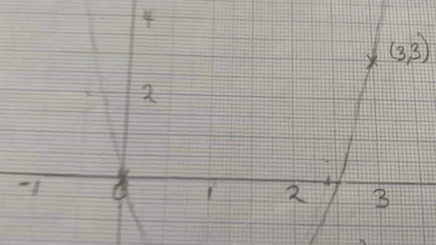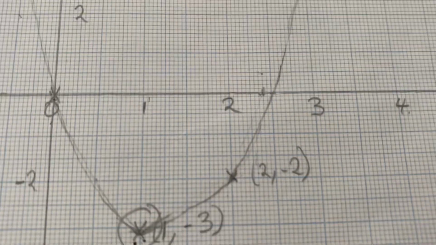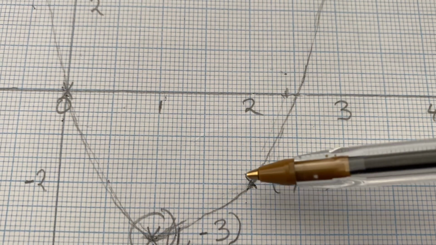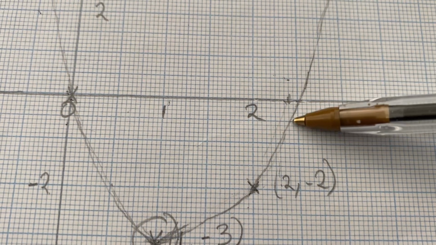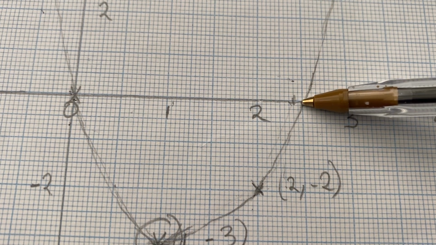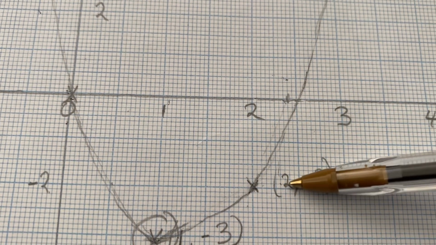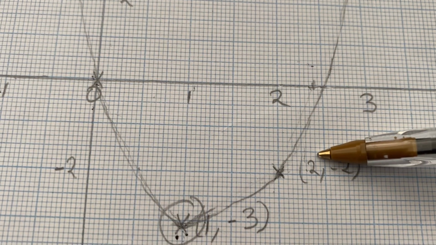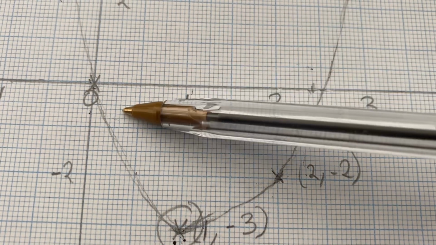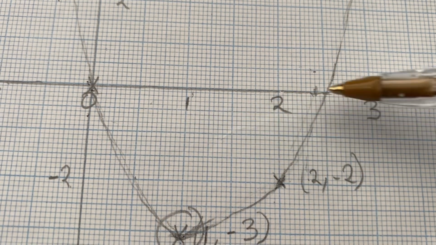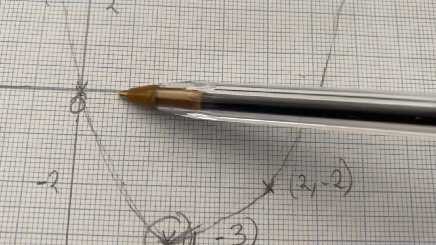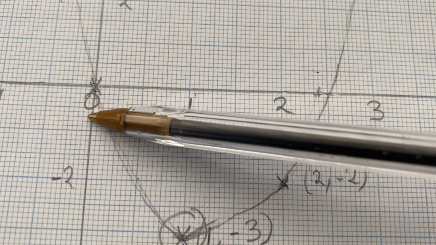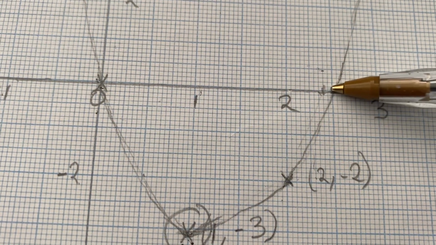So if you are really smart, you can do that in your head and use that to plot the graph, even though they didn't ask you to do that, so that you can get the accurate points. Okay, so the values of x when y is 0, on the x-axis y is 0, so it can be 0 and 2.5.